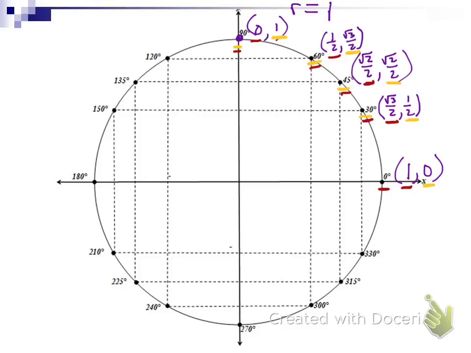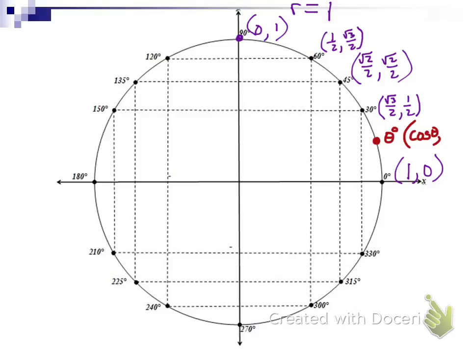So if we came in here and we just put a random point anywhere on the circle, let's put a point right here. That's theta degrees. The x-coordinate of that point is cosine of theta.